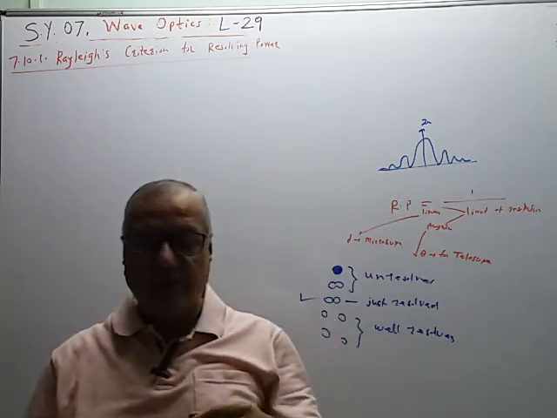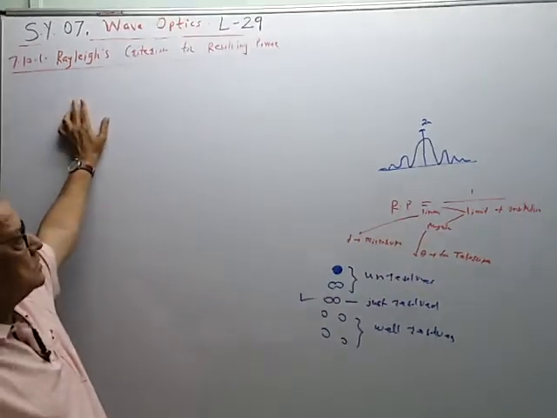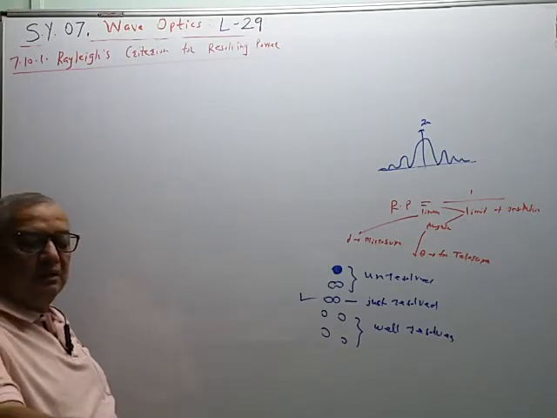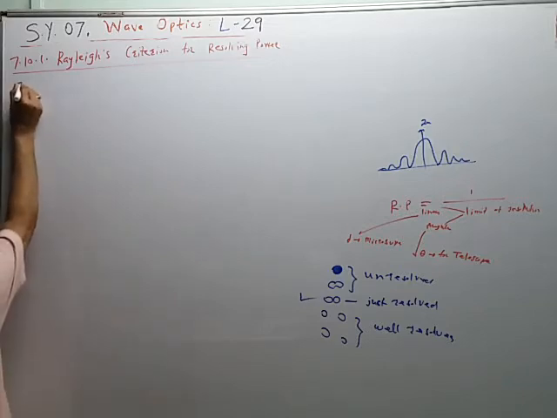So using this intensity distribution pattern, Rayleigh has suggested the criteria, and the criteria has a statement like this. Statement of the Rayleigh criteria.